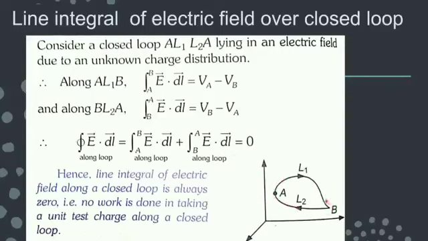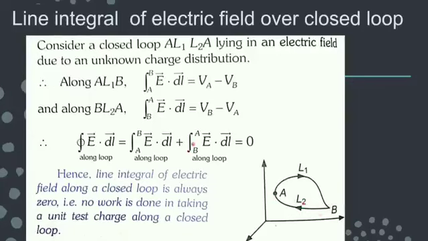If the question comes to you that prove that electrostatic force is conservative in nature, then these are the steps you are supposed to follow. Because you have done in 11th class also, when we had to prove that gravitational force is conservative, we proved that it is independent of path. Whatever path we follow to go from one point to another, the work done remains the same.